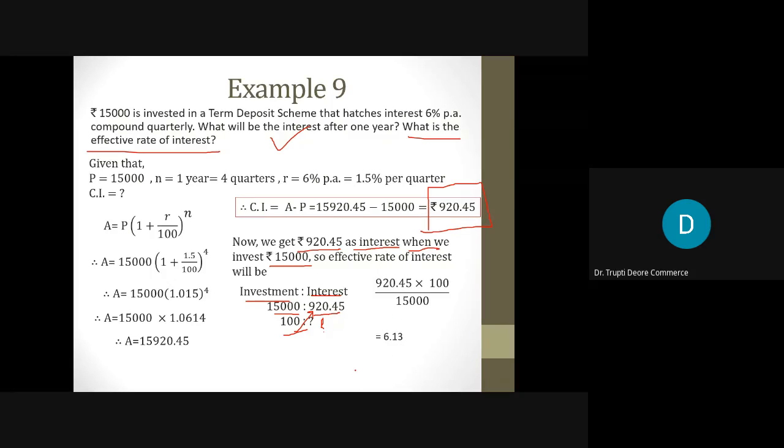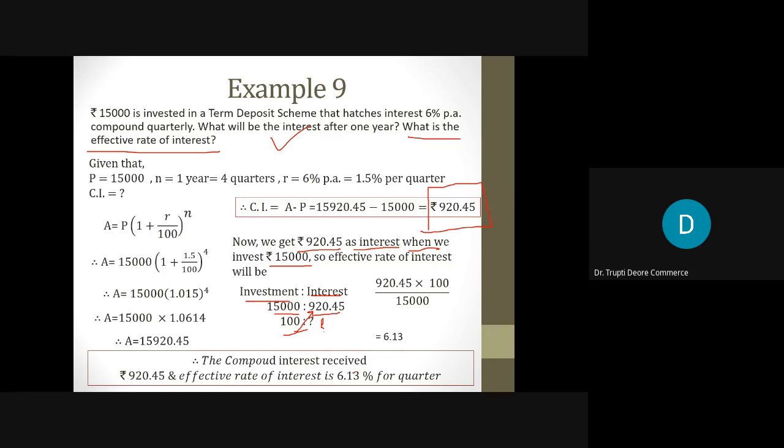So 6.13 is your effective rate of interest.